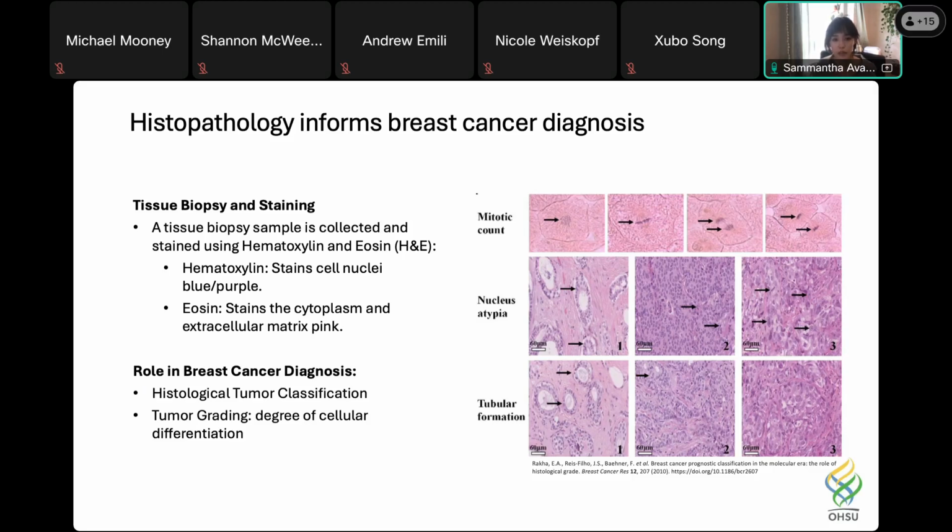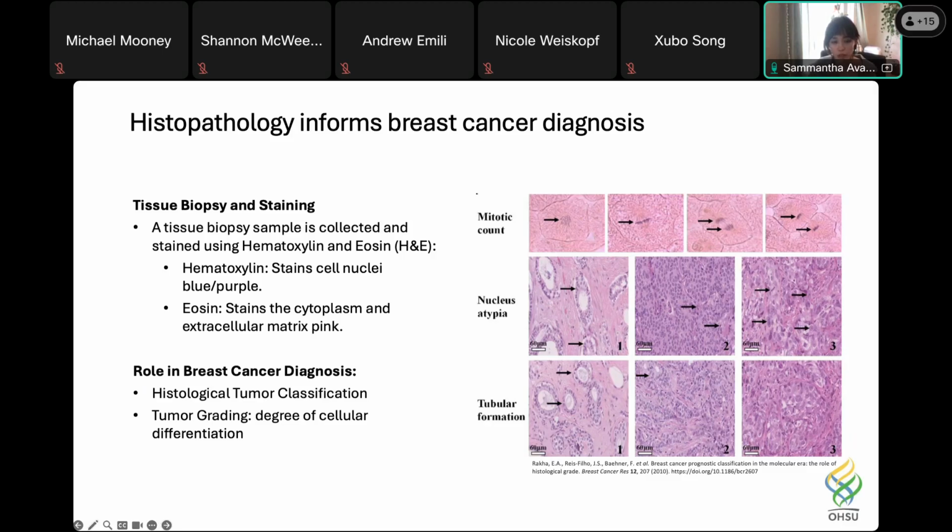Briefly, mitotic count reflects the rate of tumor cell division as well as proliferation, whereas nuclear pleomorphism measures the size and shape of the cancer cell nuclei, whereas tubular formation measures the presence of tubular structures in the tissue.